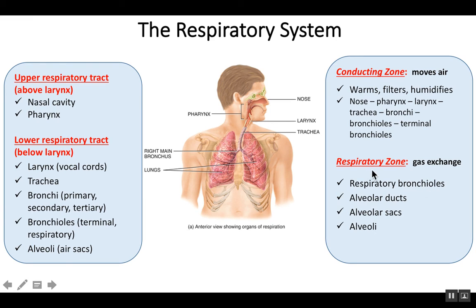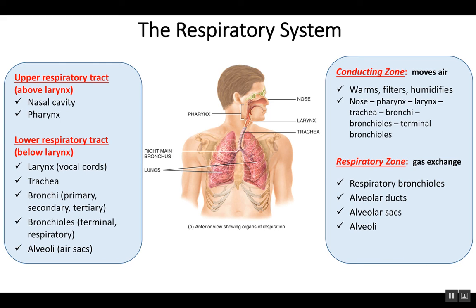So then the respiratory zone is the area of your respiratory tract that can actually exchange oxygen and CO2 with blood in the pulmonary capillaries. There are respiratory bronchioles, which are a continuation of the terminal. So terminal bronchioles become respiratory bronchioles that lead to alveolar ducts, which provide air to an alveolar sac, which is many alveoli, kind of looks like a cluster of grapes.